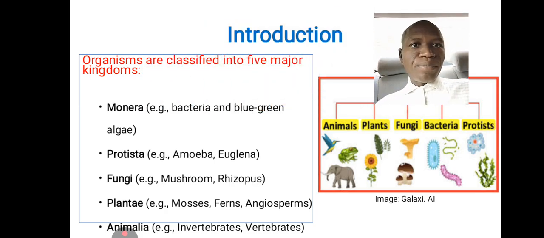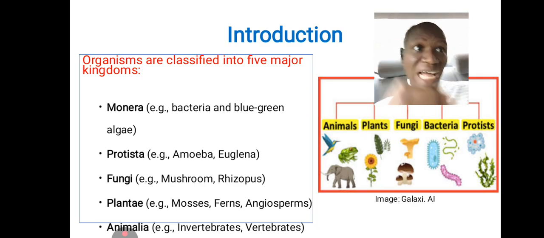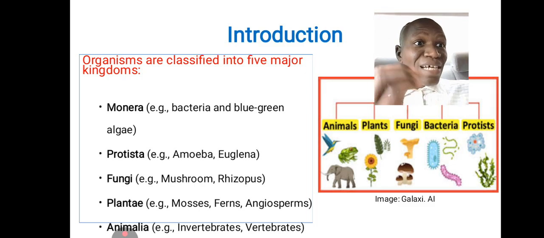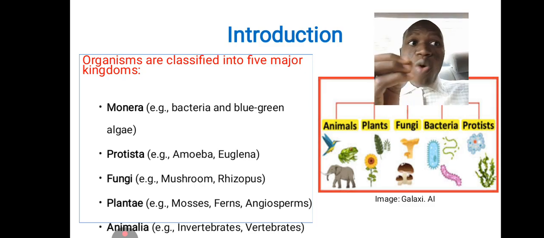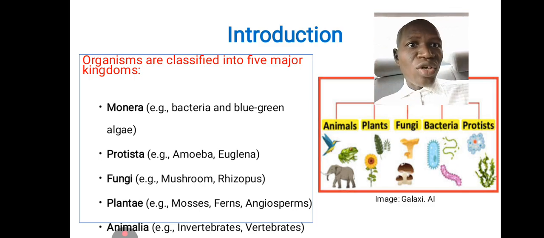we have the classification of organisms or living things. You know, we have 5 kingdoms for the classification of living things. So you need to know them one after the other. Know them with examples. So all living organisms are classified into 5 kingdoms in biology. We have Monera. Now, whenever you hear that, please, your mind should go to bacteria and blue-green algae. Don't forget this.